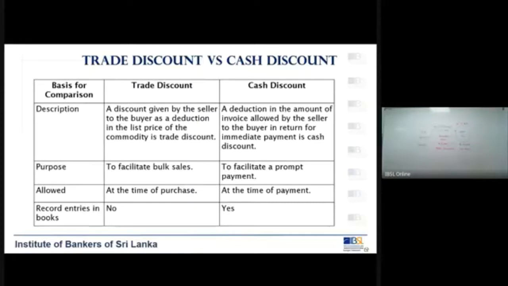At the time of the sale, they are allowing a discount, so that is a discount allowed. But for PQR Trading, they are receiving the discount, so that is a discount received. Here, Abbas Company is allowing a discount; for PQR, it is a discount received.